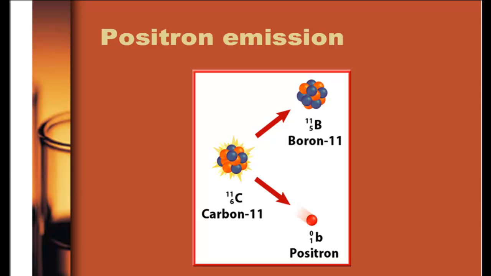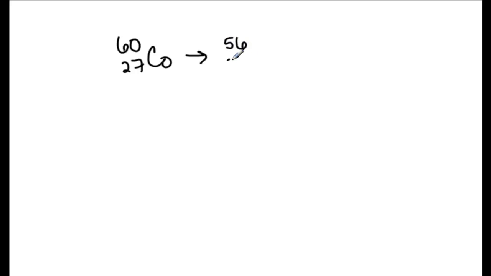Now you might also see a problem like this, where you would start with an isotope. Let's start with that cobalt-60 isotope, and let's say that you get manganese-56. What type of decay would this be? Well, we have to work backwards.